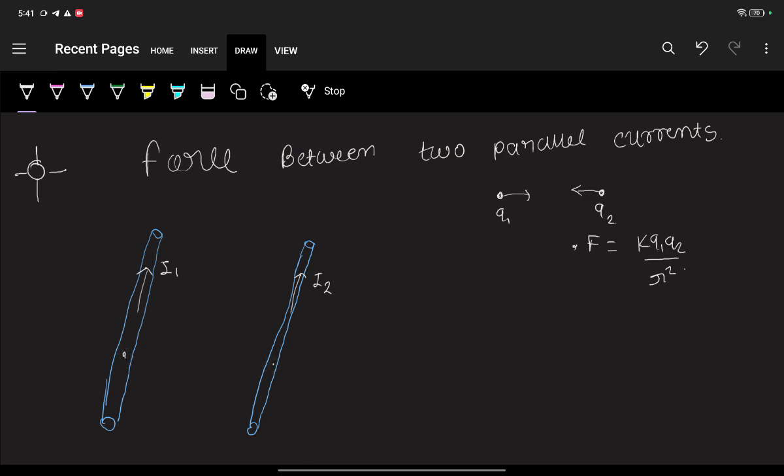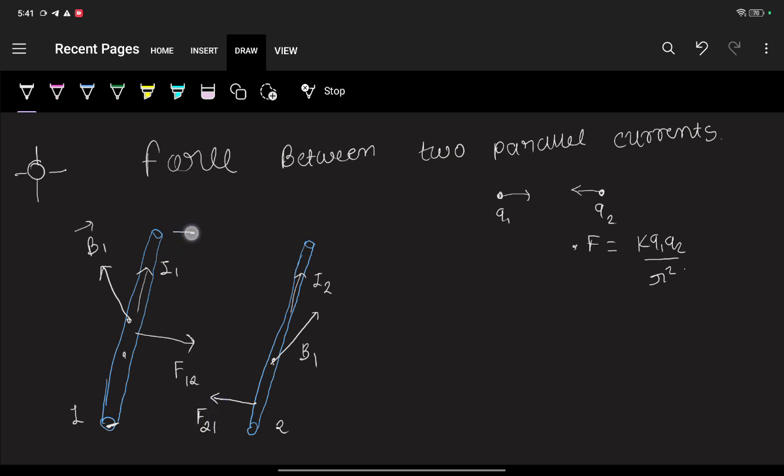Due to this I1, magnetic field would be in outward direction, perpendicular to the current, and the same way for the other. Current is going in this direction, so this will apply force. This is conductor 1, this is conductor 2. So force would be F12 due to this one, and due to this conductor it would be F21, right?